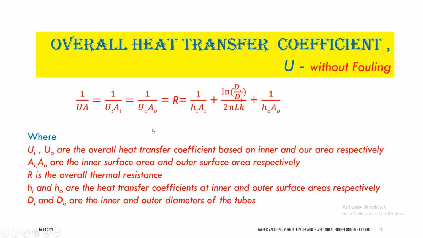The overall heat transfer coefficient can be represented either as Ui or as Uout, and the terms are explained here. The terms are not new. This is the case of calculation of the overall heat transfer coefficient without fouling.